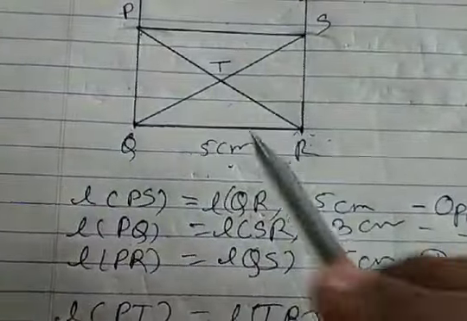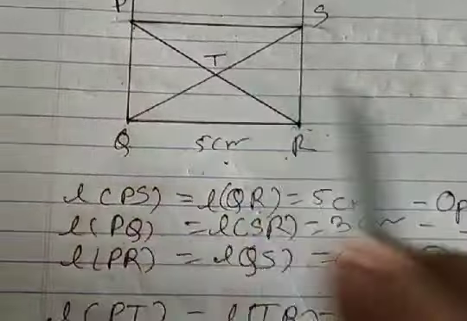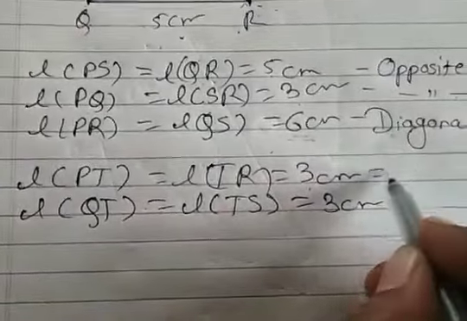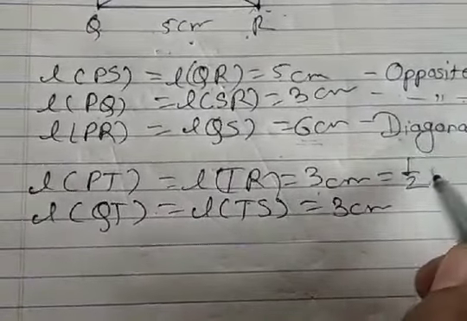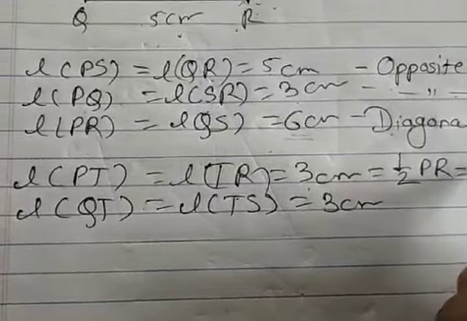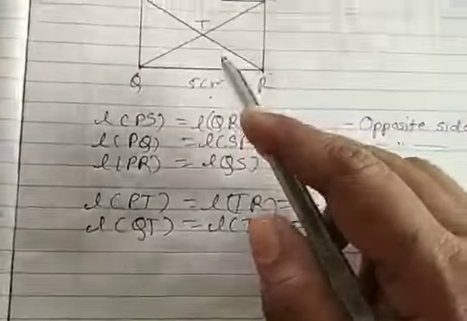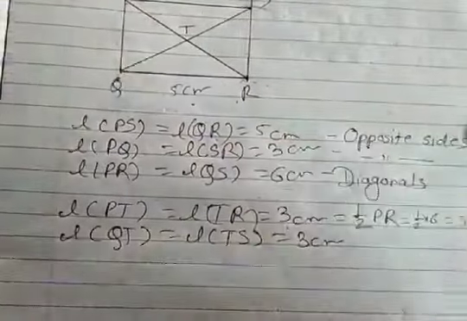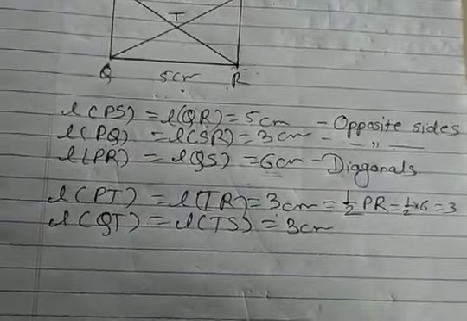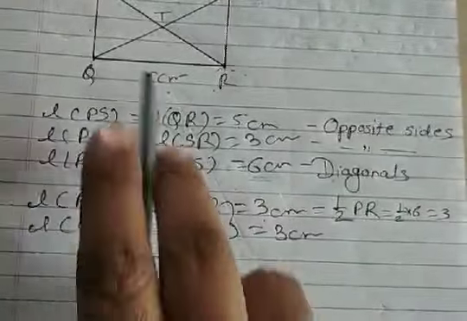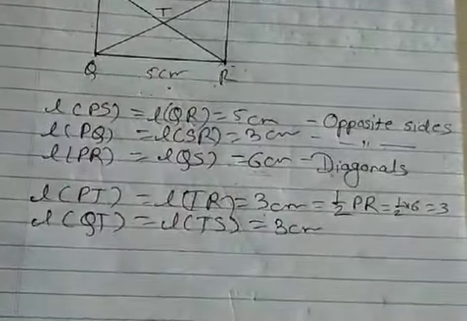So PT and TR being 3 centimeter means 1/2 PR. 1/2 into 6 is equal to 3 centimeter. What we understand is that the diagonals of a rectangle are bisectors of each other. They are congruent also, and they are bisectors of each other.